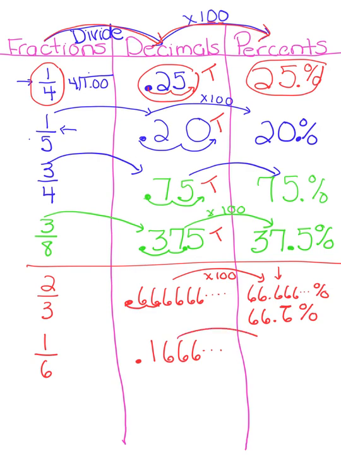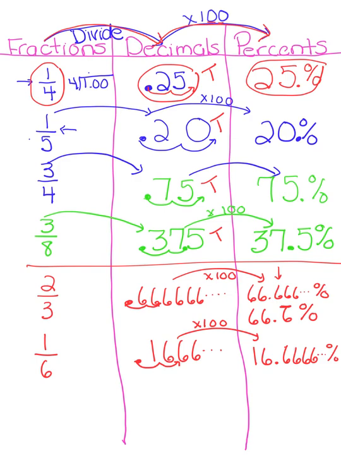When you multiply by 100 to convert it to a percent, once again, the decimal will move 2 places when you multiply. Your end result, 16.6666 ... percent, written in expanded form.